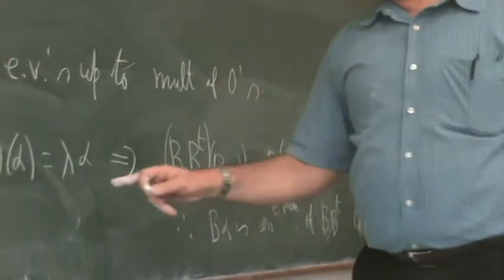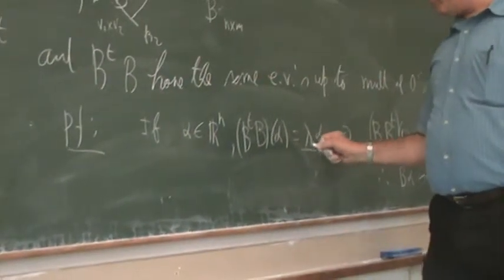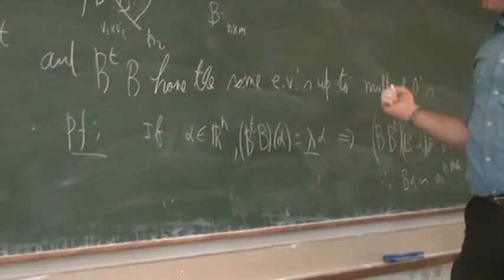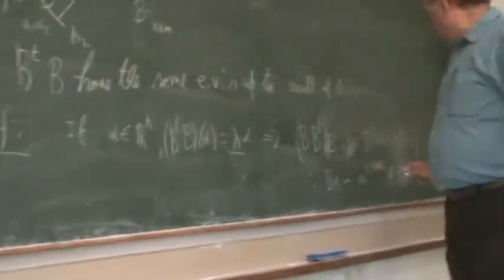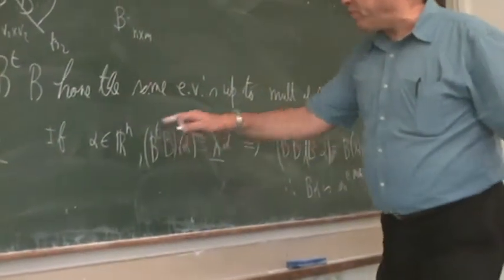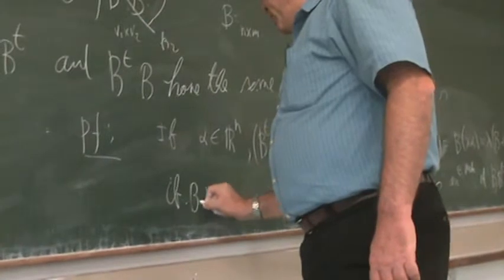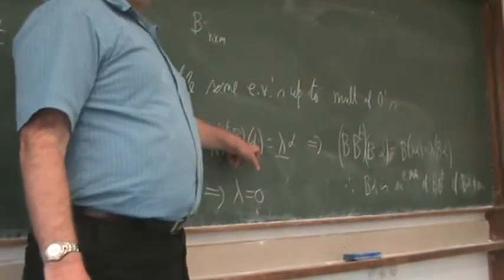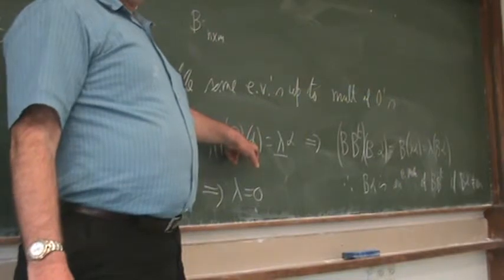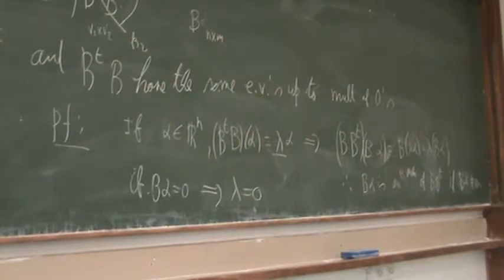So we started with a vector alpha, an eigenvector of B^TB, and we found also an eigenvector of BB^T. Now if B alpha is zero, then it really means that lambda must be zero, because then simply B alpha is zero. So only the eigenvalue zero does not go from one matrix to another.